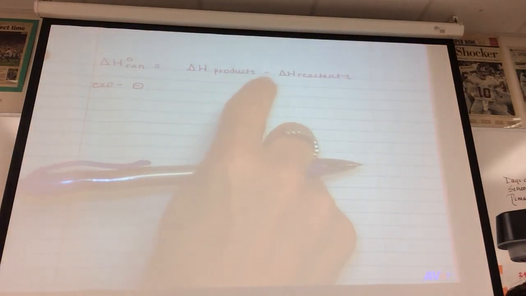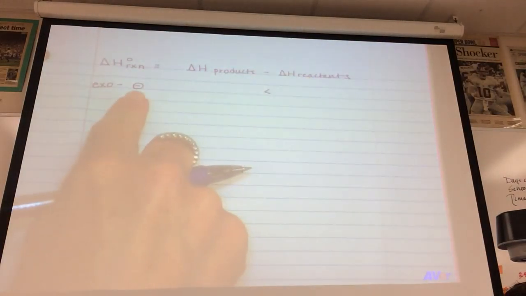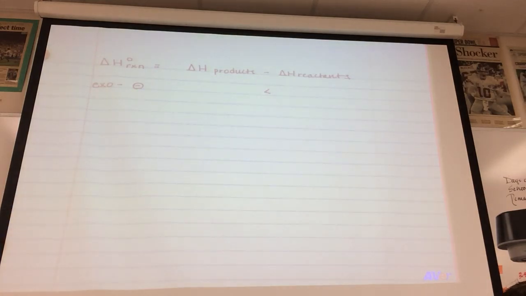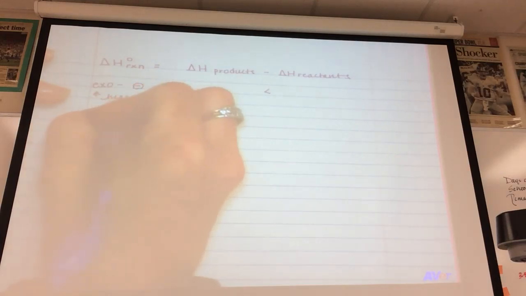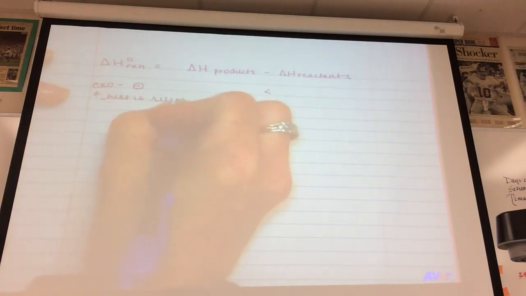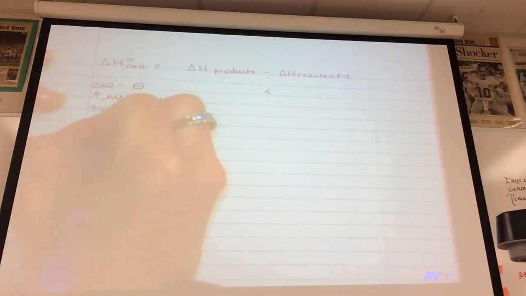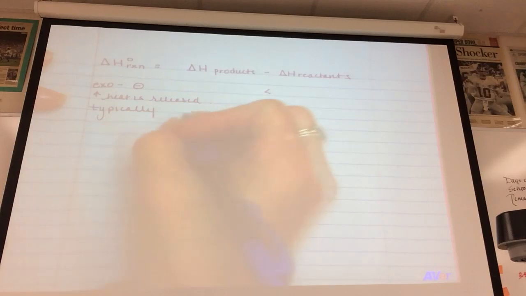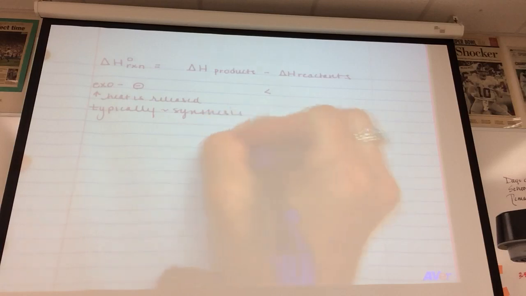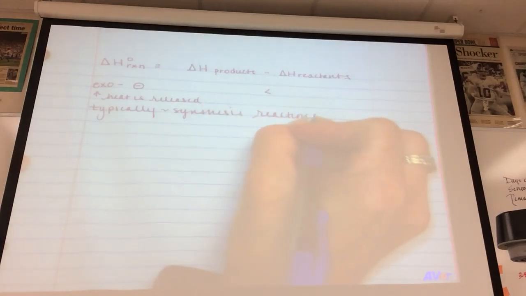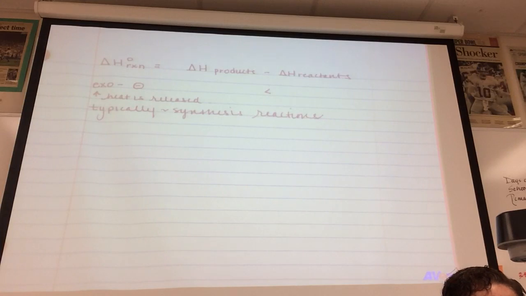For example, 3 minus 5 will give you a negative delta H. So in this case, heat is released. And typically, you will see this with synthesis reactions. Most synthesis reactions release heat, bond making, generating more complex compounds than what you started with.